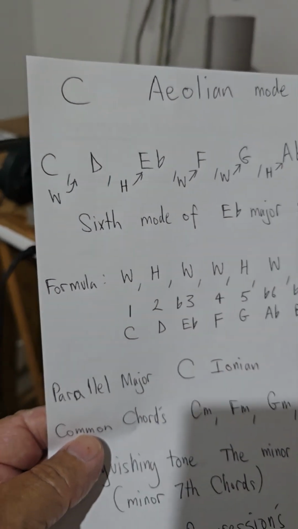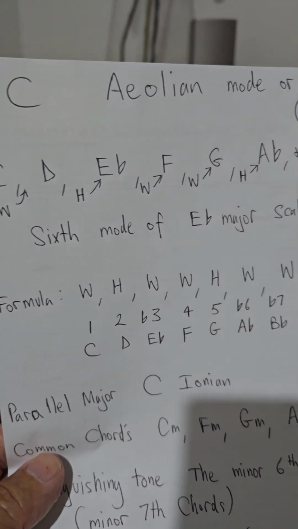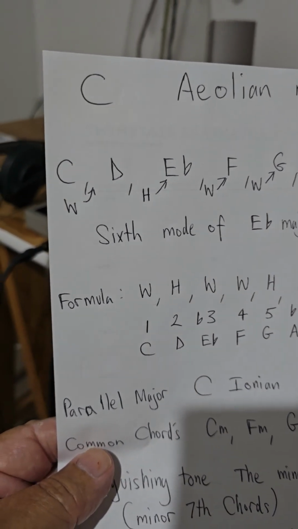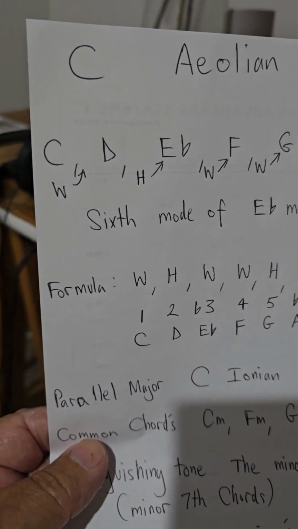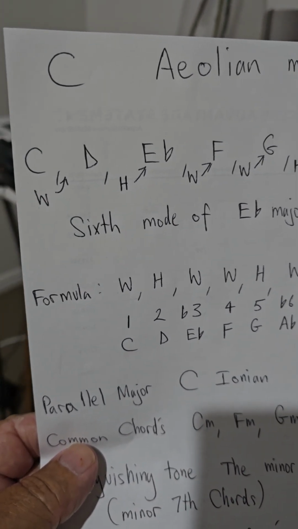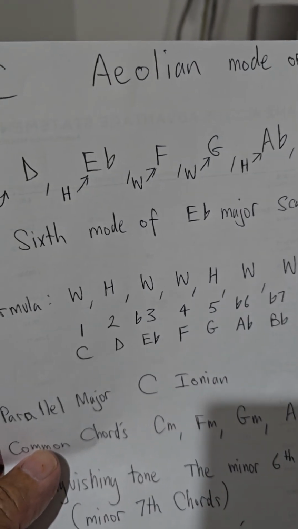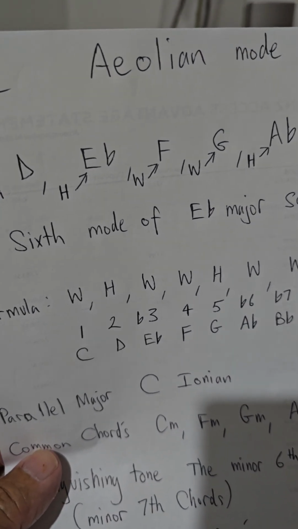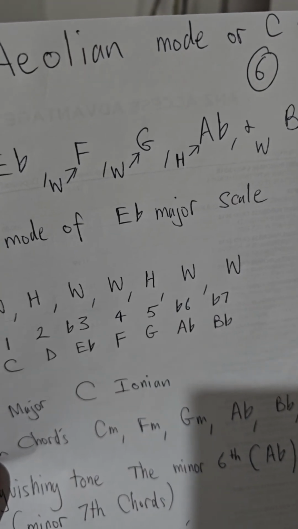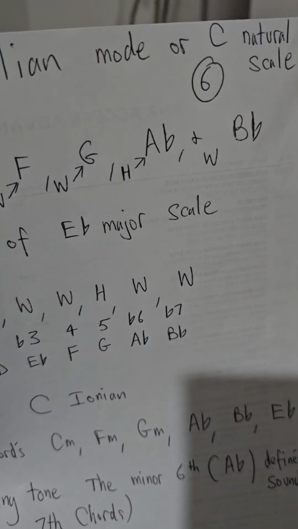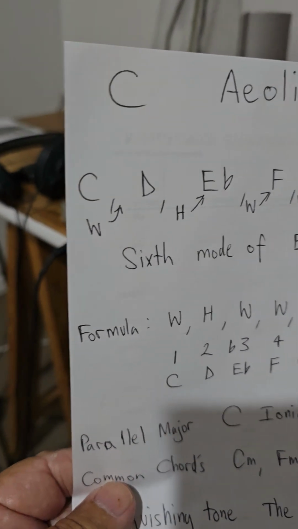So if you look at the intervals here, which is the distance between the notes, it's whole note, which is C to D is a whole note, D to E flat half note, E flat to F whole note, F to G whole note, G to A flat half note, A flat to B flat whole note. So that's your intervals.